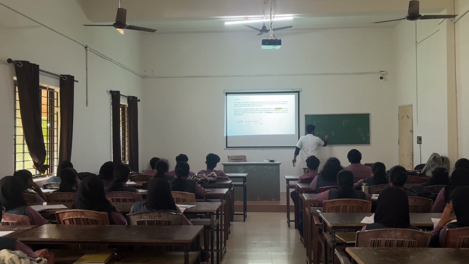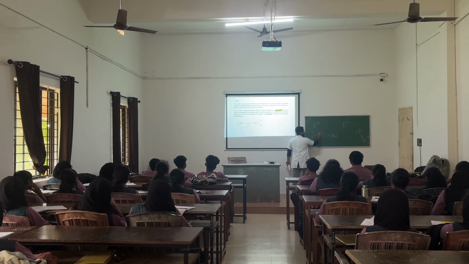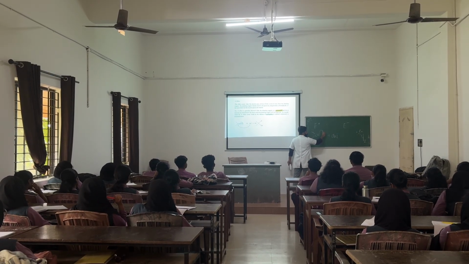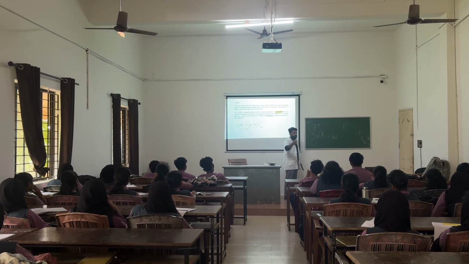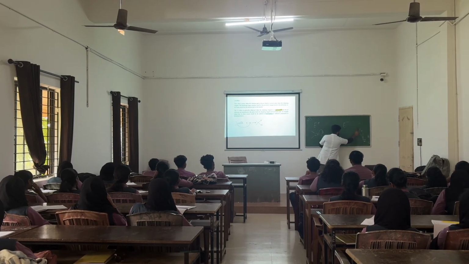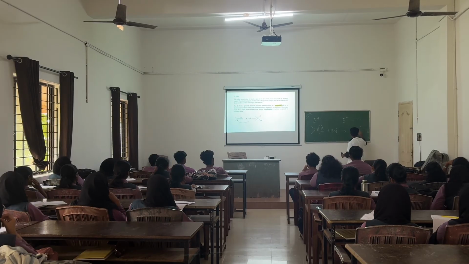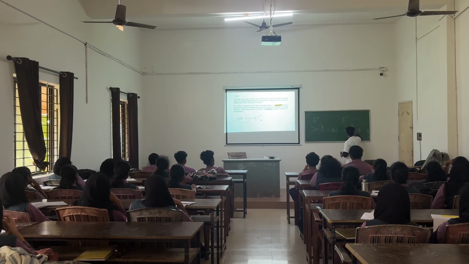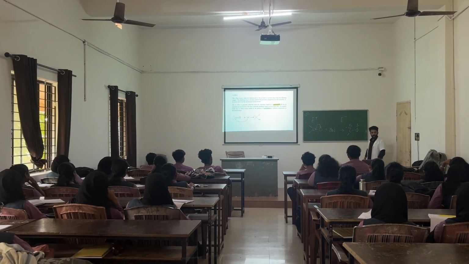The pi electrons will shift towards this oxygen because oxygen is more electronegative compared to carbon. You can see this carbon will get a partial positive and this oxygen will get a partial negative charge.